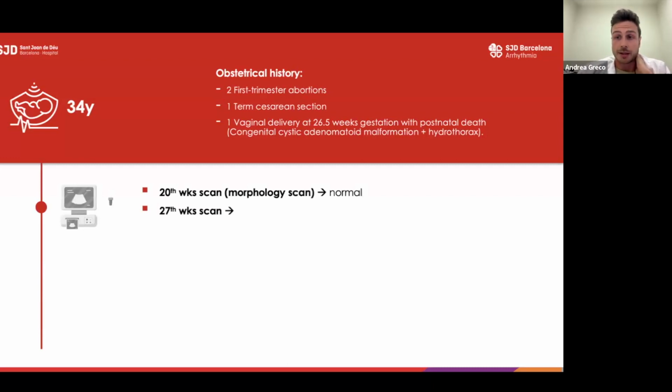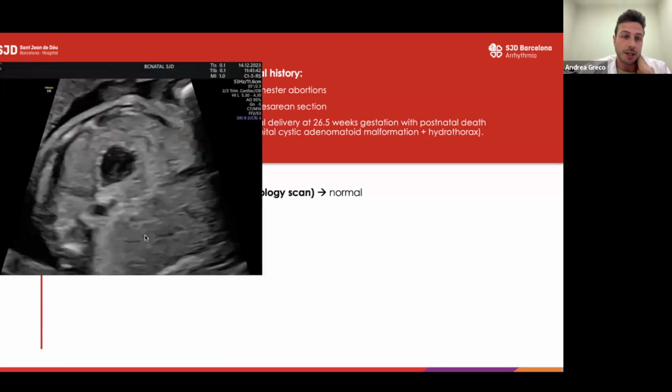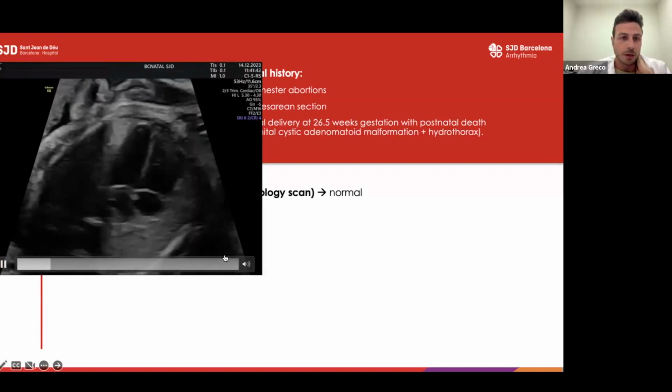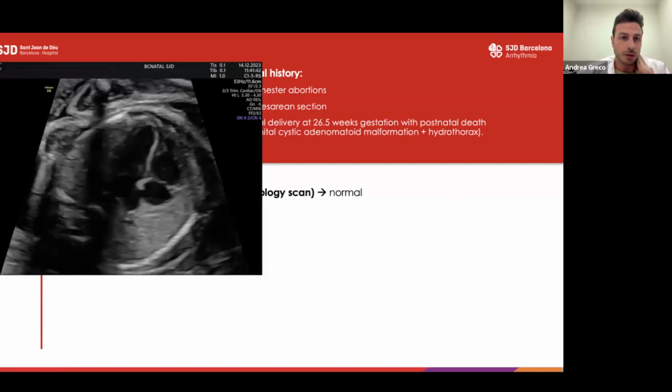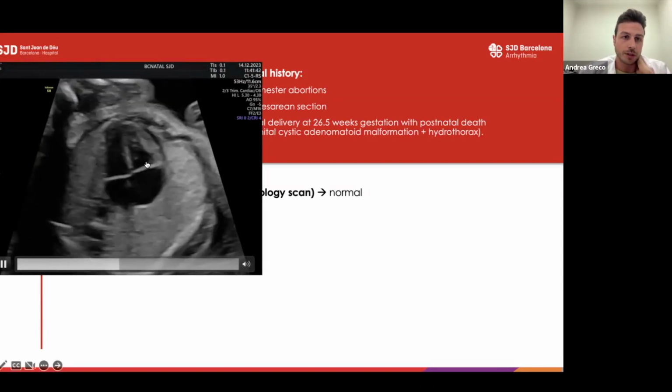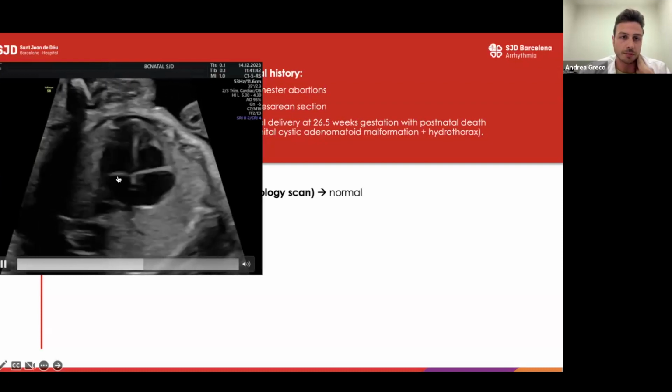But at the 27th week scan, our obstetric colleagues, during a normal evaluation, see this in 2 dimensions: a fetal sinus rhythm with a tachycardia.